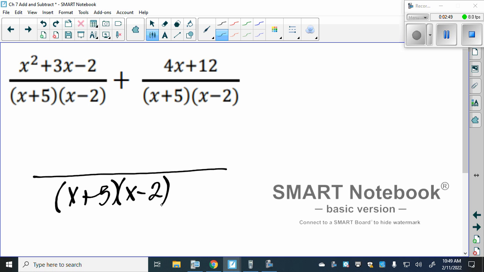Well, x squared and x squared is just going to be x squared, because in both numerators, x squared is the only like term for x squared. Now we can do 3x plus 4x, which would be plus 7x. And lastly, negative 2 plus 12 is plus 10.